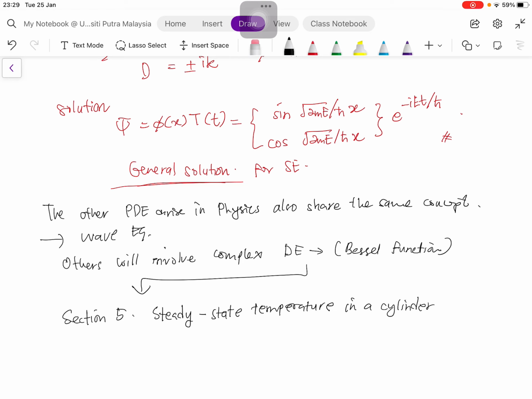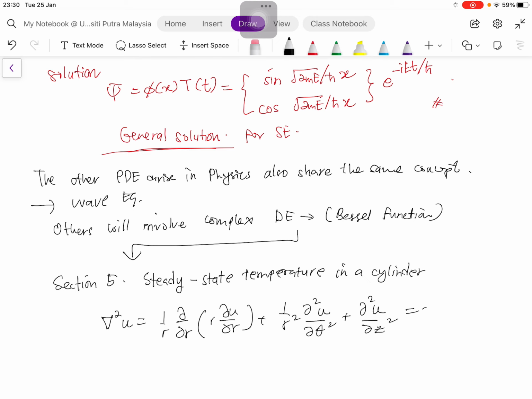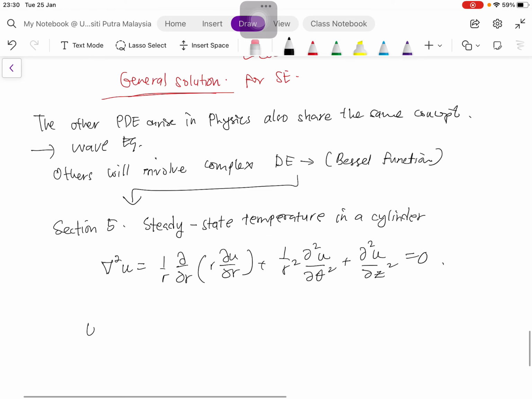If you have a cylinder, differential equations in the cylinder coordinates, the best thing is that the solutions of this involve some things that you recognized before.